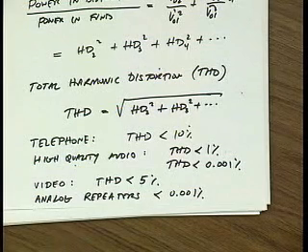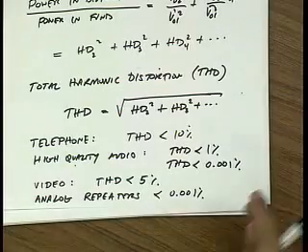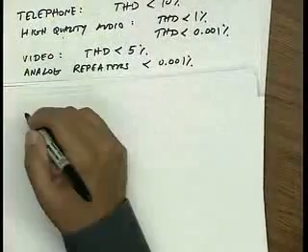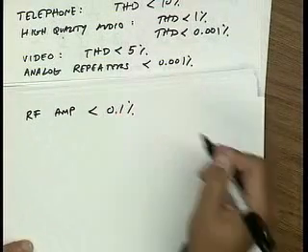We'll see that actually. So you'd be watching channel 5, but you'd see a ghost of channel 6. So it's very important to keep these levels down. In fact, in RF systems, similar things happen. So for RF amplifiers, we also need very good performance, again, on the order of 0.1% THD.